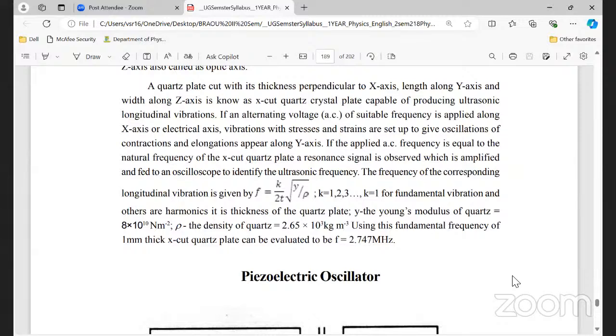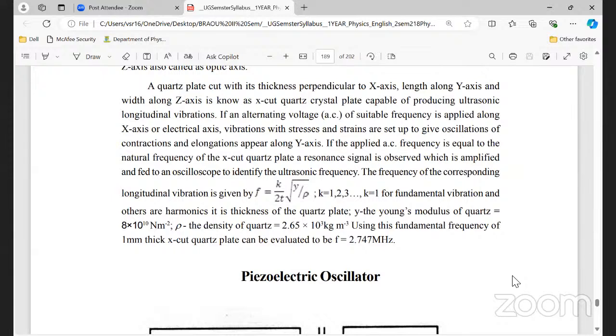Longitudinal vibrations: if an AC, that means alternating current or a voltage of a suitable frequency, is applied along the x-axis, which we usually call the electrical axis, then you can observe the vibrations with stress and strains set up in the crystal, so that it oscillates with that frequency.